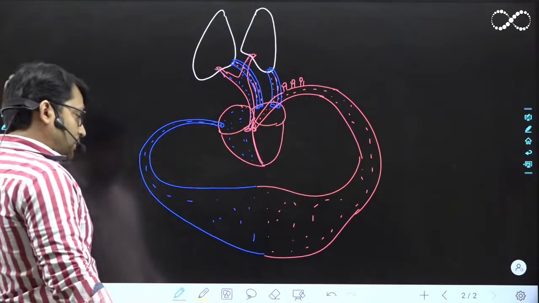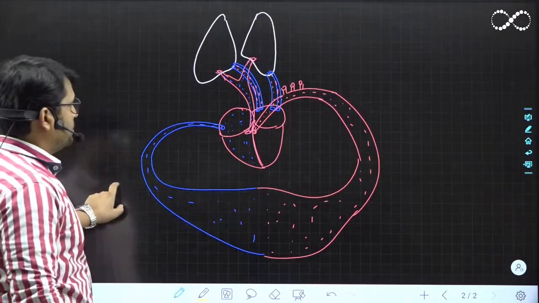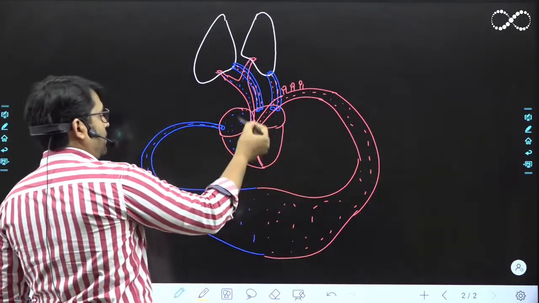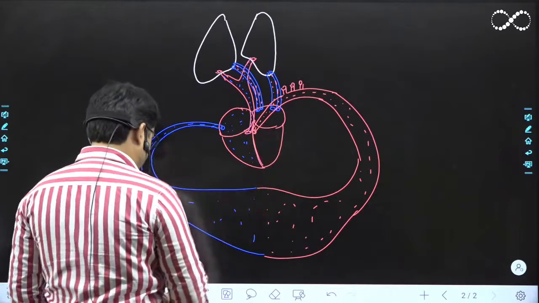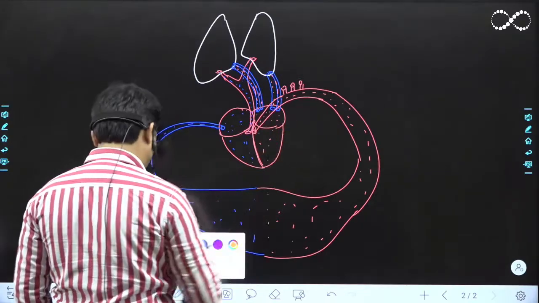Okay, so see, if you look at this diagram, this is your circulatory system. देखो यहाँ पे क्या हुआ है कि blood, okay, blood is moving from heart to lungs.